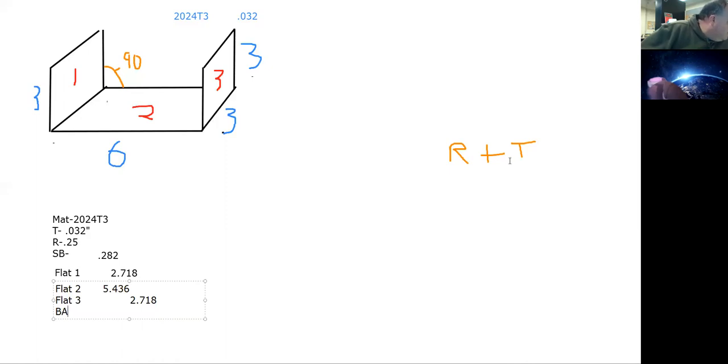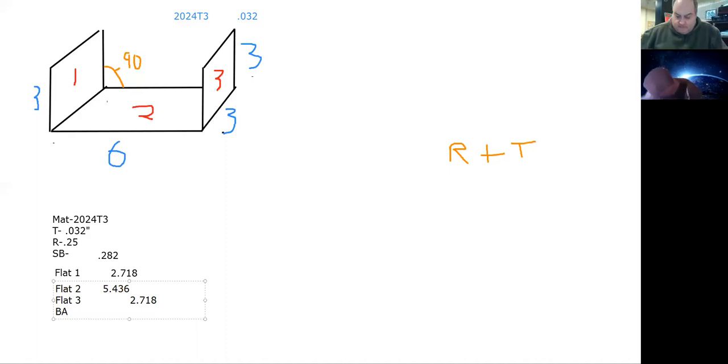How did you get that? Remember, it's thickness on the y-axis, and then the radius of your bend on the x-axis. You did a 1/4 inch bend, 1/4 inch radius, so you have to go all the way to the 1/4 inch.